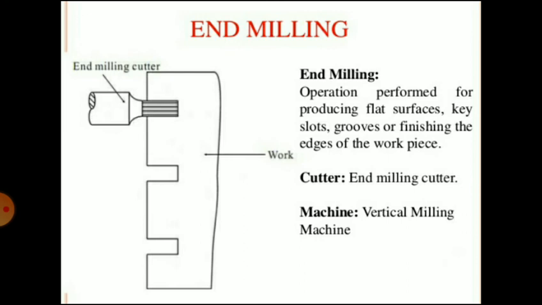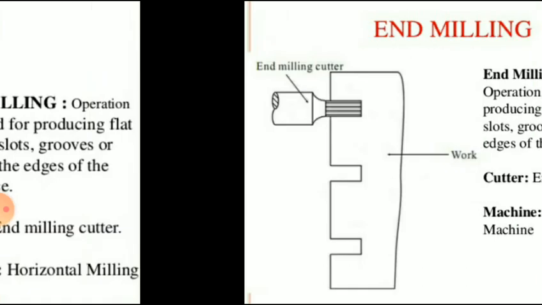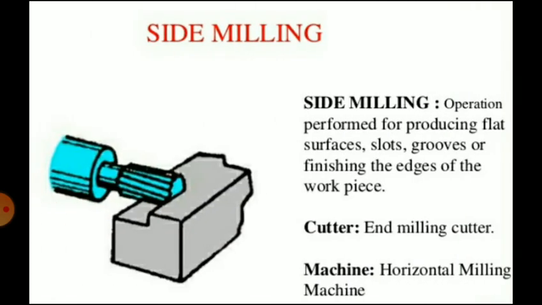So that is regarding the end milling cutter or the end milling operation. The cutter rotates about an axis perpendicular and parallel to the work surface. Depth of cut is adjusted by rotating the vertical feed screw, and then the table is fed perpendicular to the axis of rotation of the cutter.